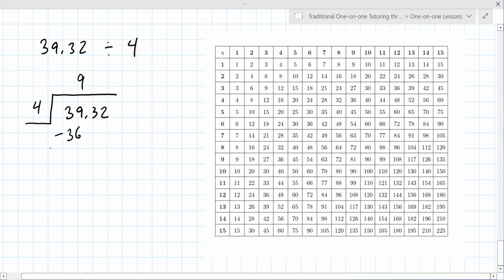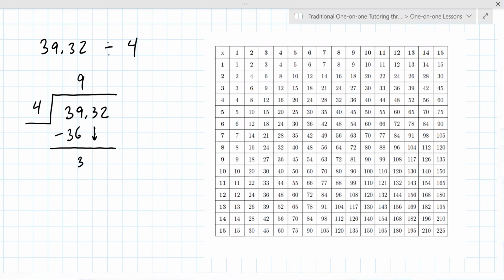Very good. So that's 3. 39 minus 36 is 3.